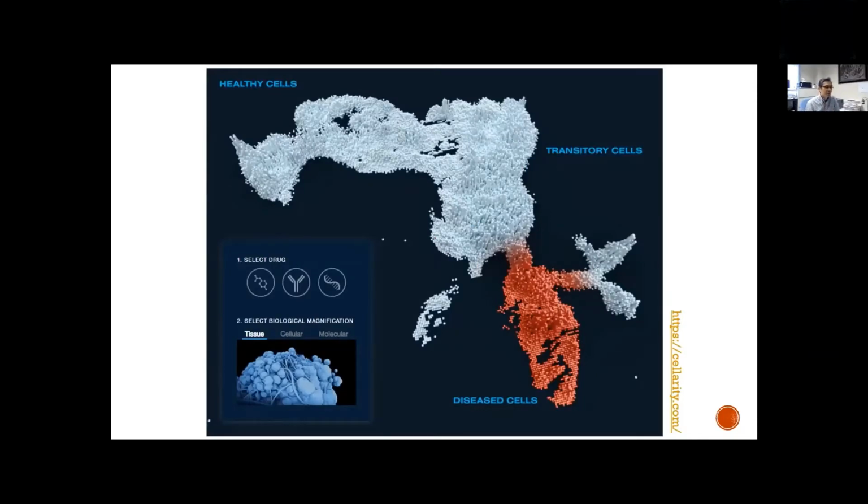If you have annotation of, okay, we know this part are the cells associated with a certain disease, you know those are disease cells. You can start to look at the gene expression, which gives you a signature that tells you why this group of cells is so different from this group of cells.